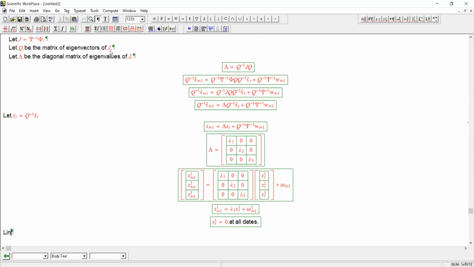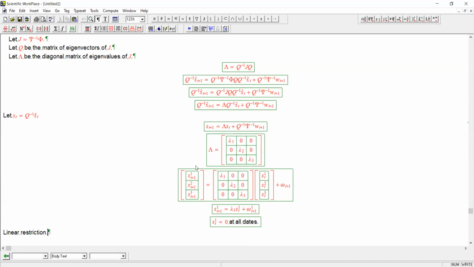And this is called a linear restriction, and it's the hallmark of these models, and it's the hallmark of the procedure used to solve and compute them. How does this help us?